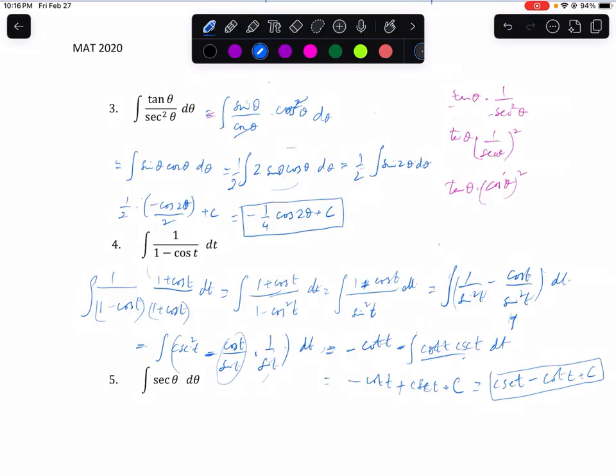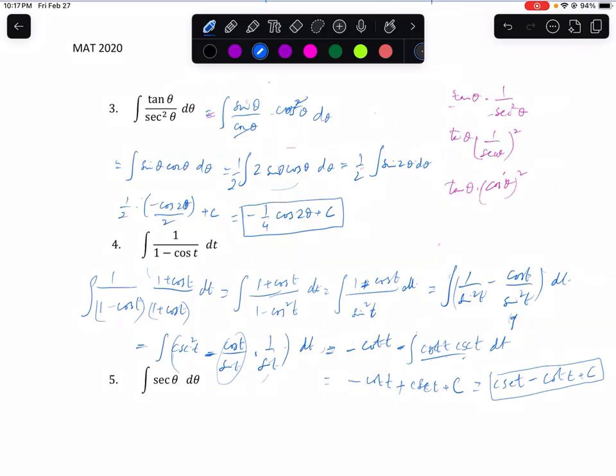So now we are going to look at secant. Again there is a specific method or specific trick that we need to do. As we just saw in the previous problem, we had cosecant square t, and the other term was cosecant t times cotangent t.